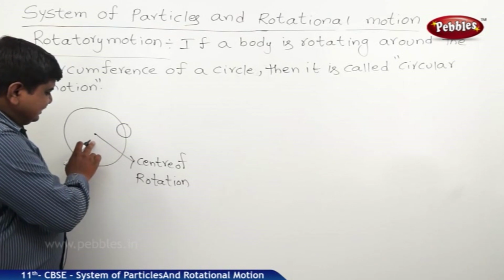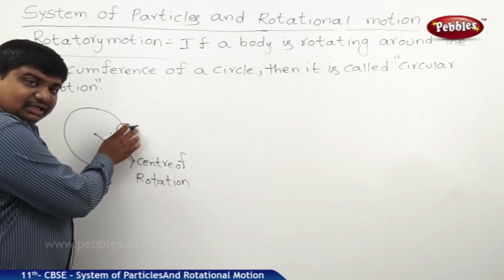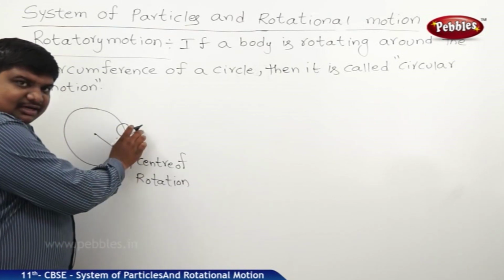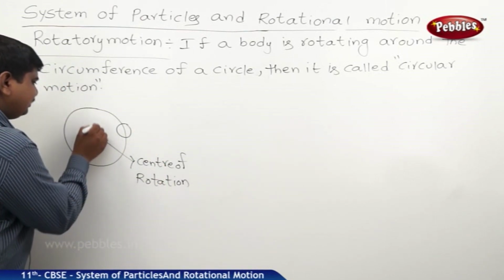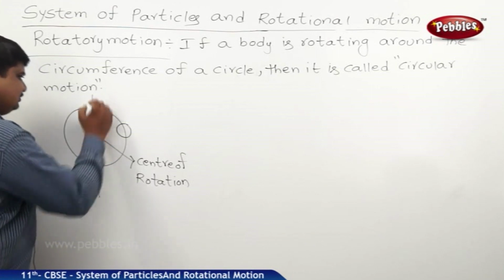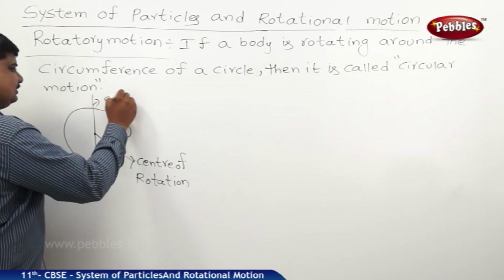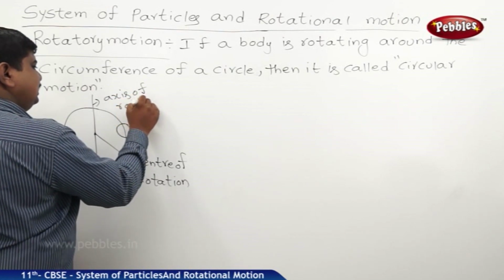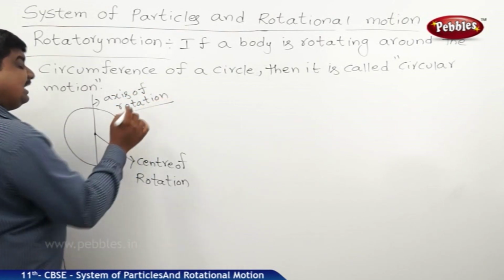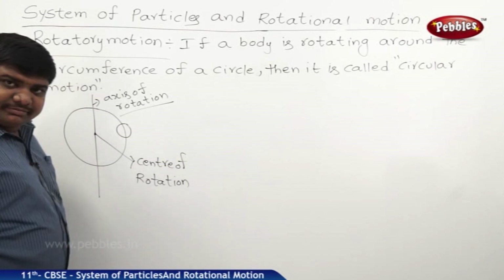For the circle, it is said to be origin, but for the body which is moving around the circumference, it is called the center of rotation. So draw a perpendicular line through the center of rotation. This is called the axis of rotation. If the body is precessing like a spinning top, this is the axis.